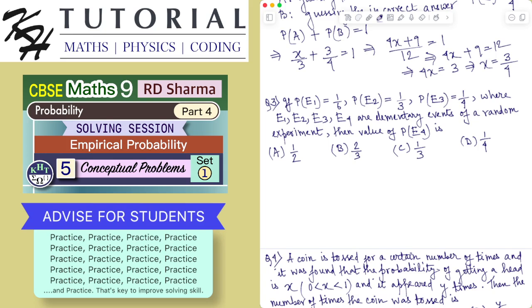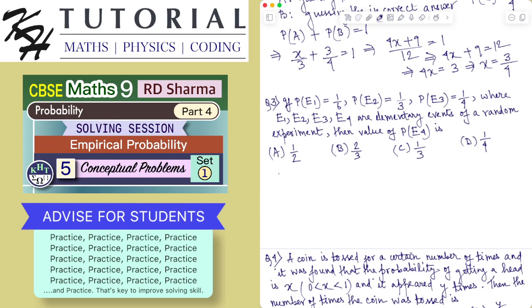If you are given that certain events are elementary events of a random experiment, then it will mean that they are all the possible elementary events. So in this problem, E1, E2, E3 and E4 are all the elementary events of a random experiment. Then we are asked to find the probability of E4, where the probability of E1, E2 and E3 are given.